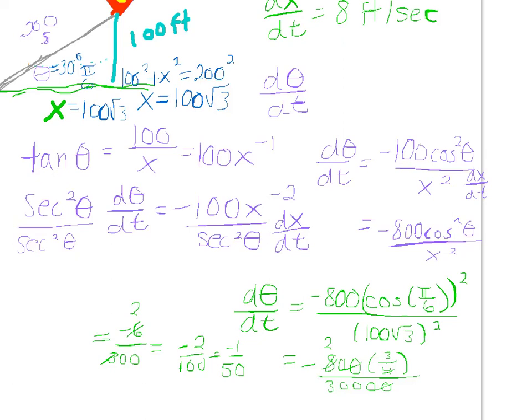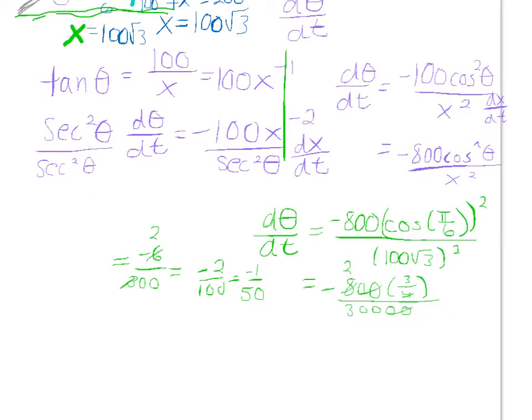So our final answer for this would be negative 1 over 50 radians per second.